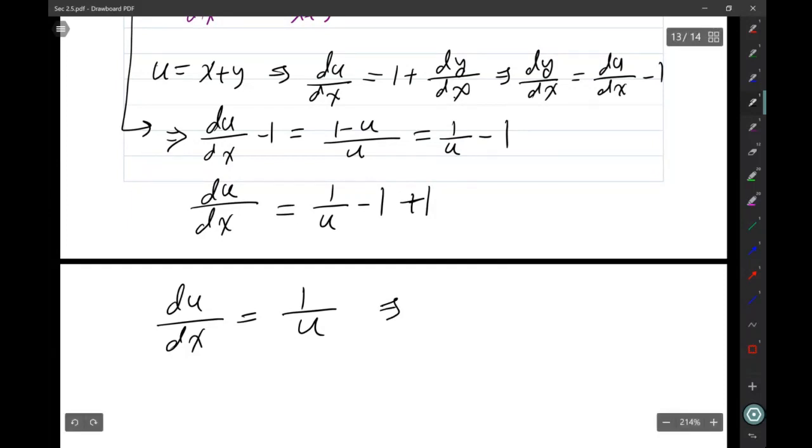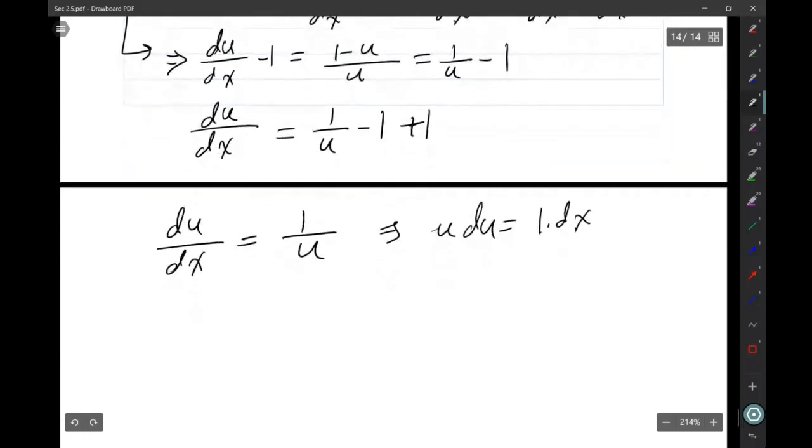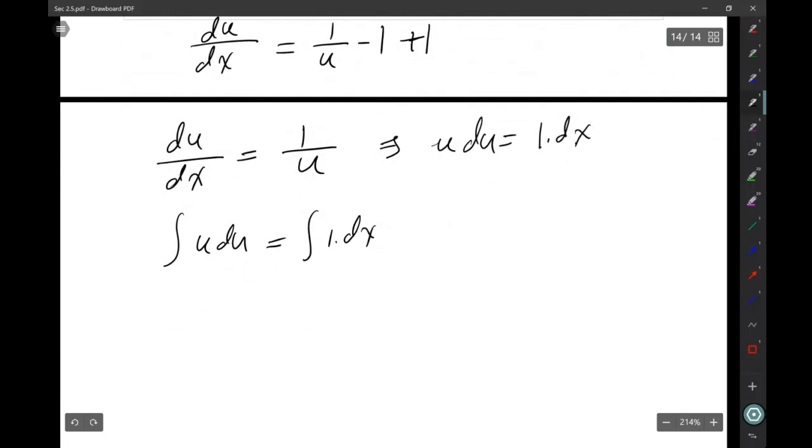Therefore, here you have to separate, because this is separable: u times du equals 1 times dx. Integrate the integral of u du and the integral of 1 times dx, which gives half u square is equal to x plus c.